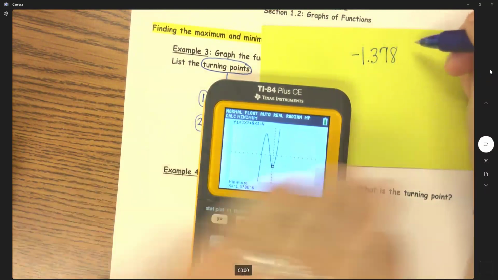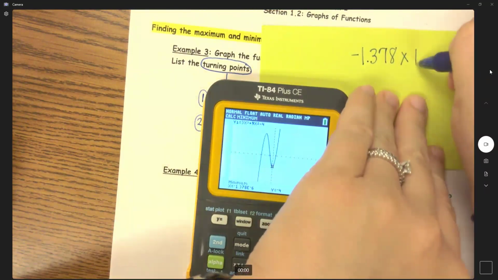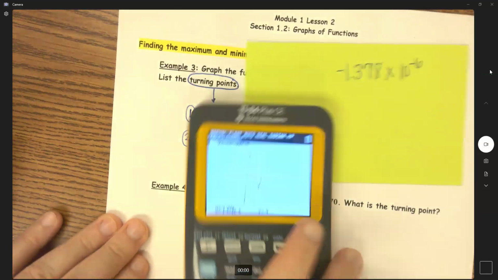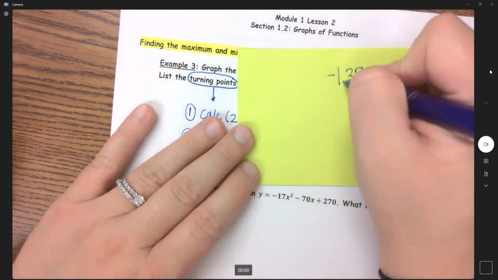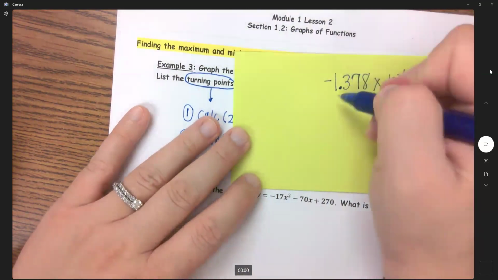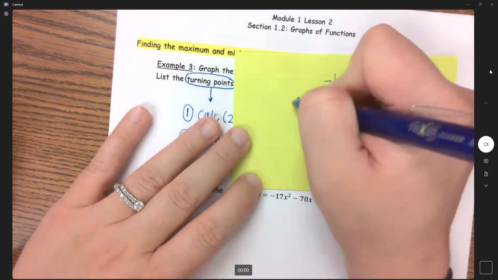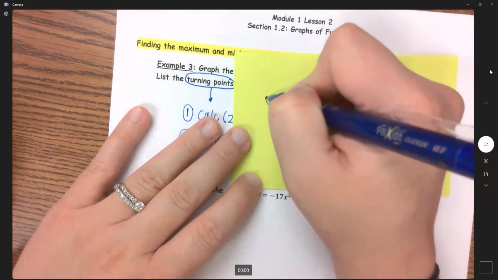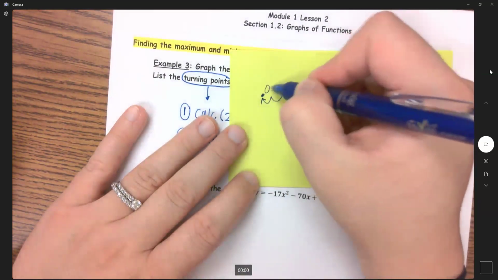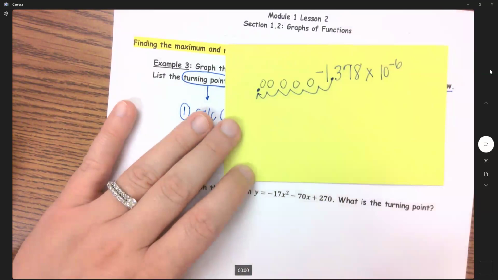That e to the negative 6th is the same as doing times 10 to the negative 6th power. So what we would have to do is take this decimal here and move it 6 times to the left. So 1, 2, 3, 4, 5, 6. There's now where my decimal is. And I would put zeros in all of those as placeholders.